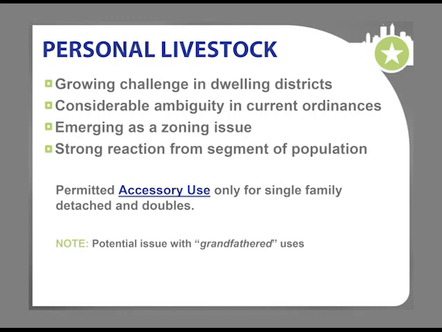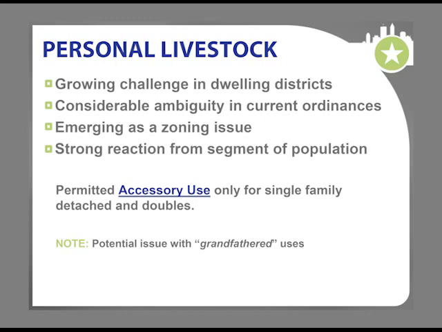What we have established is that personal livestock is a permitted accessory use, but only for single-family detached units and doubles. It's not a permitted accessory use for triples or quads or single-family attached units. It's limited to the single-family detached and doubles.